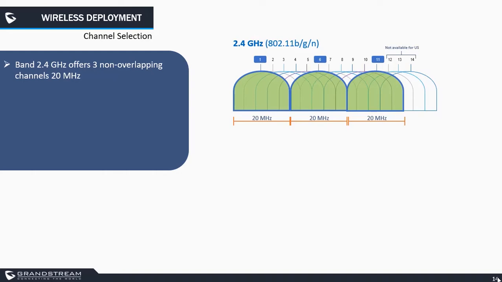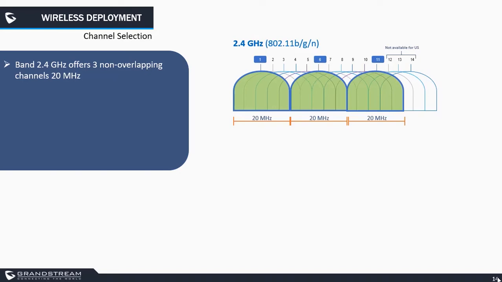I mentioned a moment ago that 2.4 gigahertz has fewer channels than 5 gigahertz, and this image shows that 2.4 has 14 channels, including 3 non-overlapping channels. So if you are in North America, especially in the United States, the number of channels is only 11.